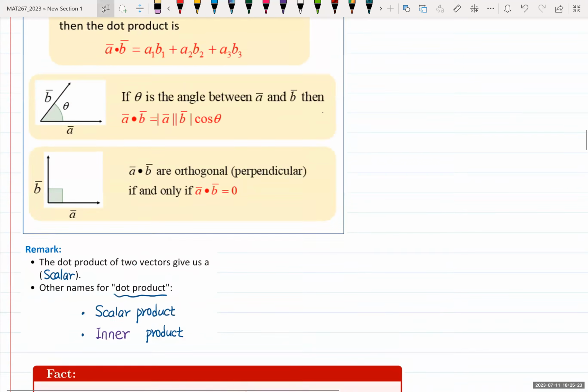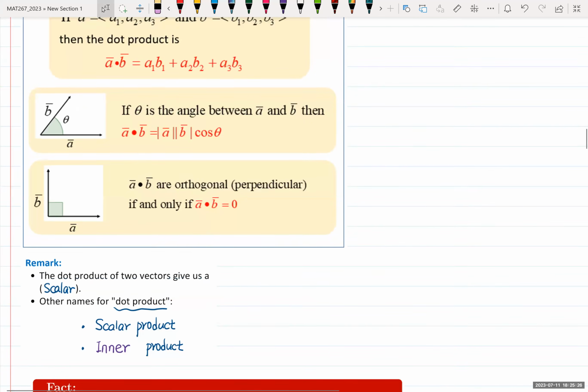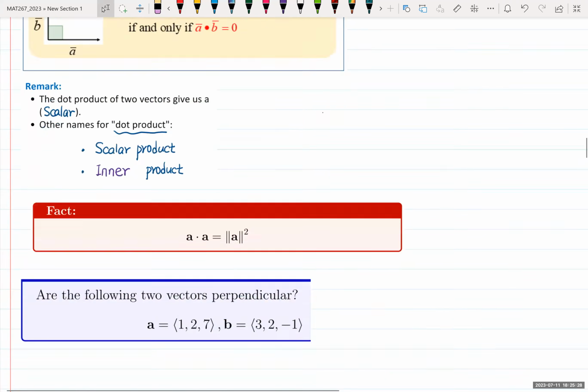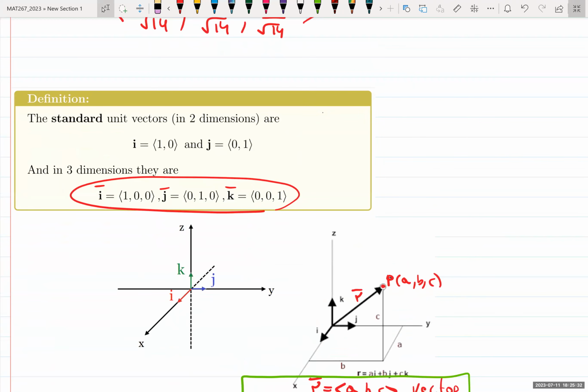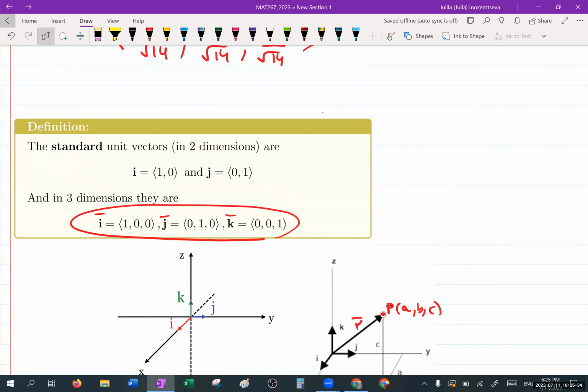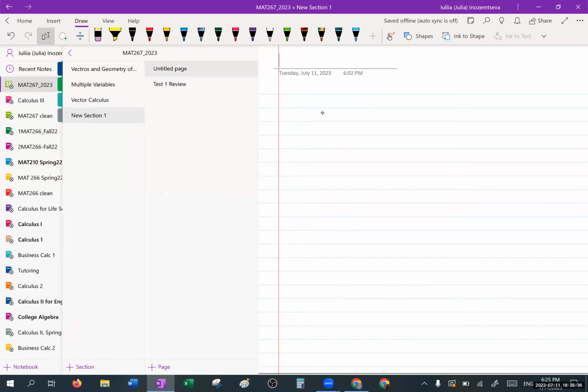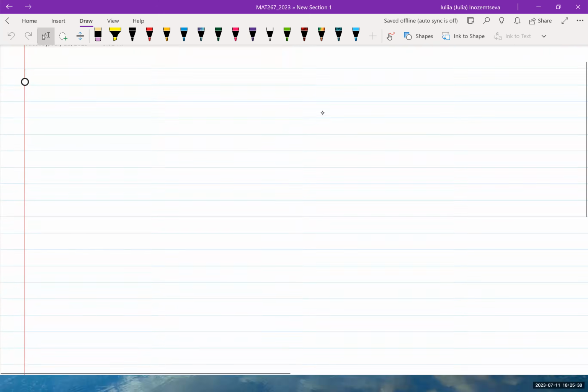Before we go to the dot product, it's actually a bit too early. I want to cover some more stuff, so I wanted to improve these notes a little bit. What I also wanted to show is projections, not the scalar projections yet.